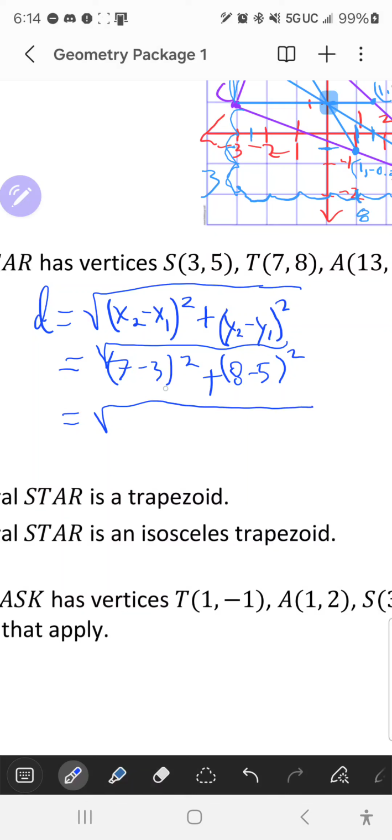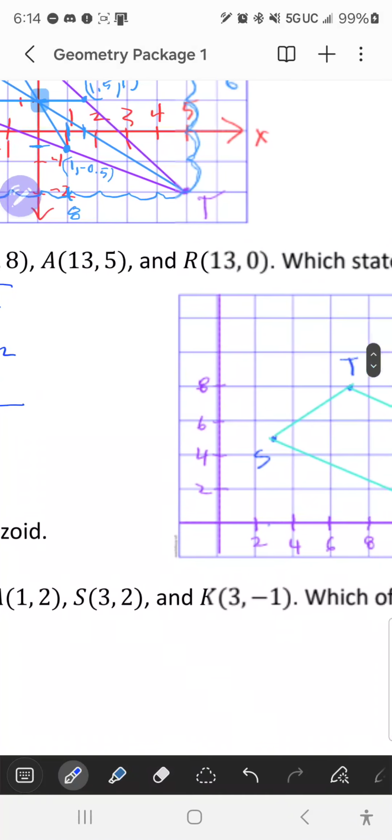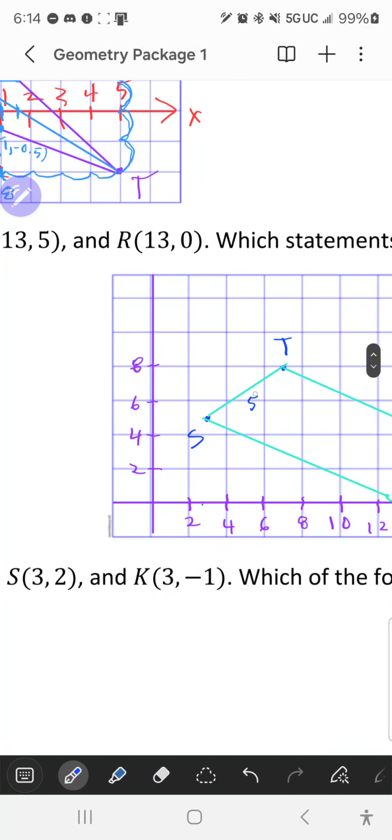This will be 4, like 7 minus 3, 4. 4 times 4 is 16 plus 8 minus 5 is 3, 3 times 3 is 9, so this will be 16 plus 9, 25. The square root of 25 is 5. So we know that ST is 5.